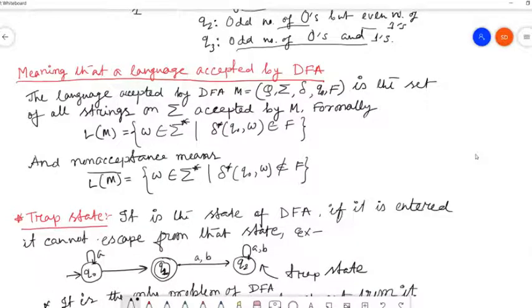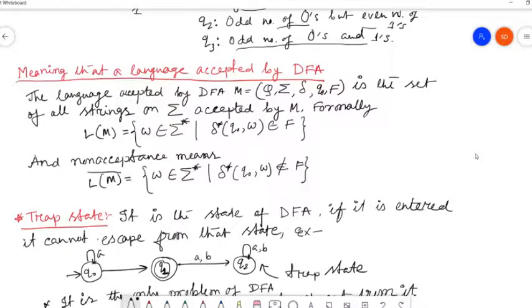If you represent the DFA or NFA, whatever, by the quintuple, then the language that this automaton accepts can be represented symbolically or mathematically as L(M), and within the brackets, all the strings for which the extended transition function will generate the final set of states.